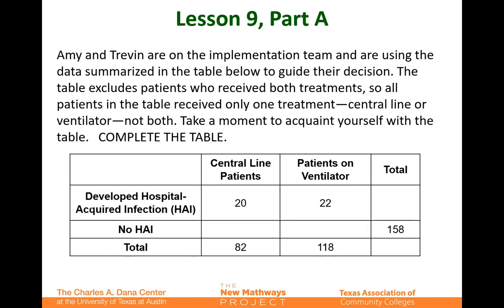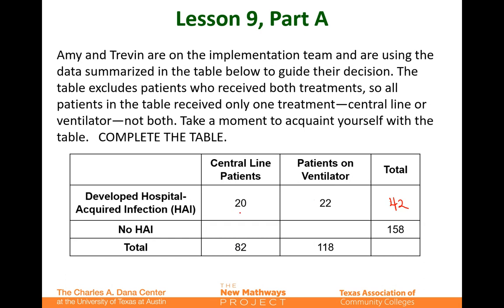So if we go across, we can see 20 central line patients developed an infection, 22 ventilator patients developed an infection, for a total of 42 infections. We can see the total number of people that received a central line was 82.